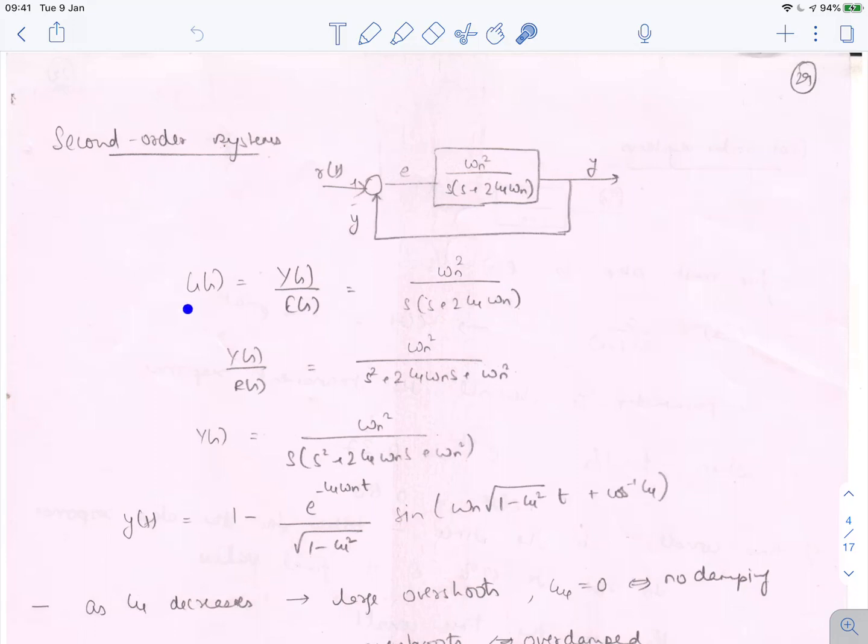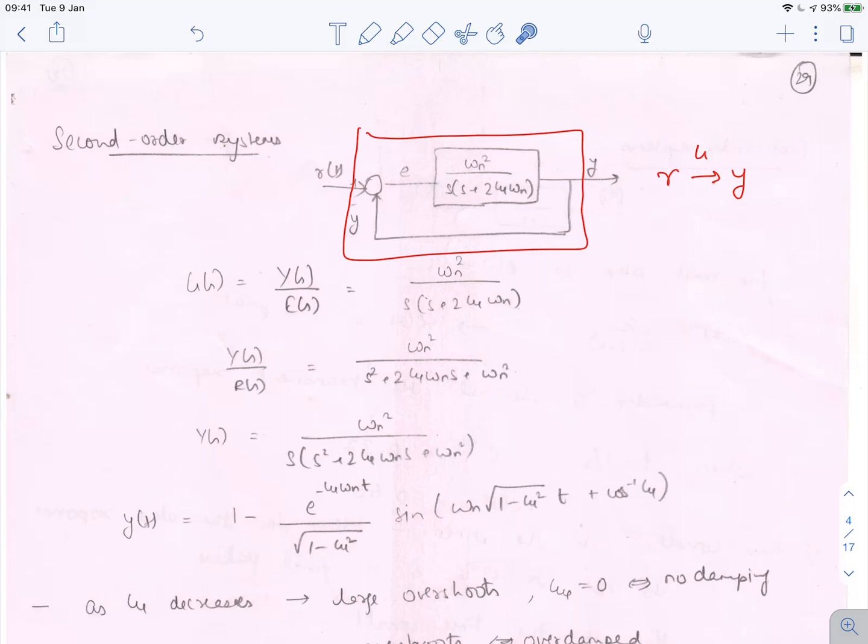So the forward path transfer function is Y(s) over E(s) equals omega n square upon s times s plus 2 xi omega n, and if I see the overall closed loop system from R to Y, let's call this map G. This G is omega n square divided by s square plus 2 xi omega n s plus omega n square.